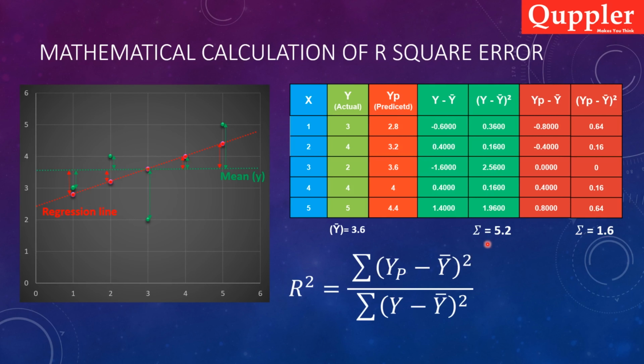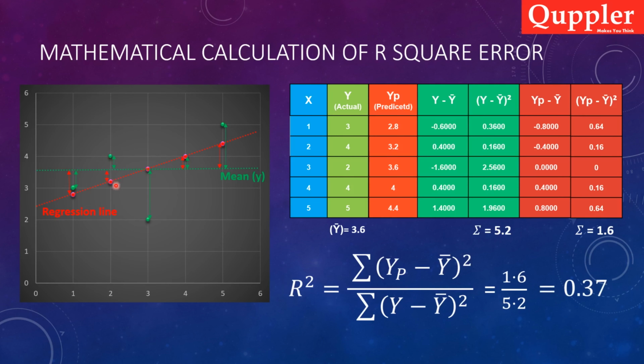Once we calculate everything, we put it in the equation: 1.6 is my summation of (yp minus y bar) squared, divided by the summation of (y minus y bar) squared, which is 5.2. So we got R square as 0.37, which is very low.